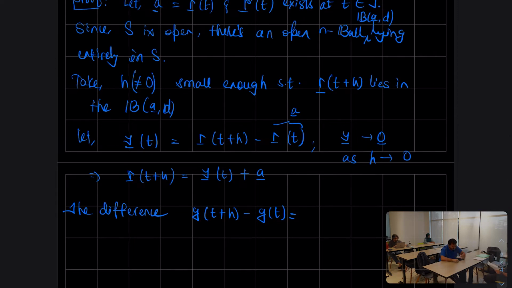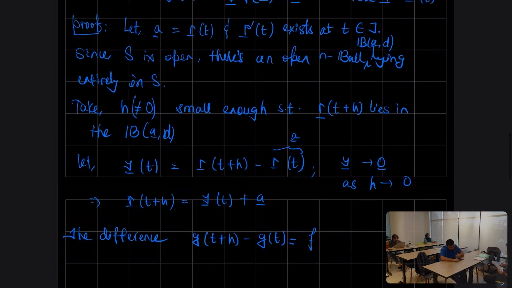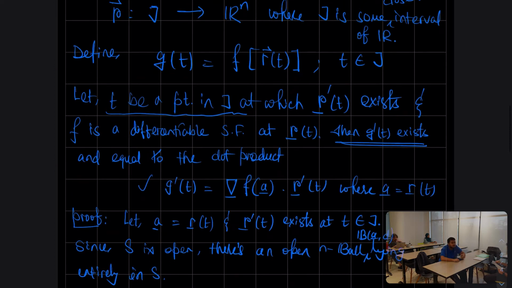Not yet, because we have not demanded certain things, like that it has derivatives in this interval. But we have already constructed the composite function. So g of t is our composite function. It's given in here, so we'll use that.